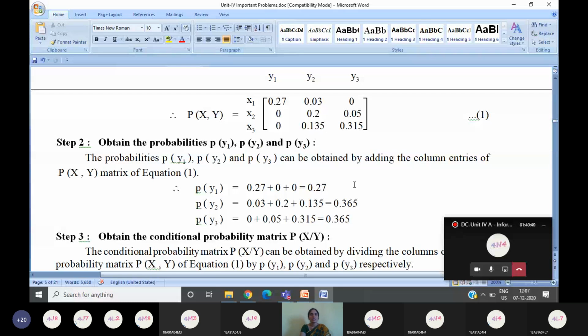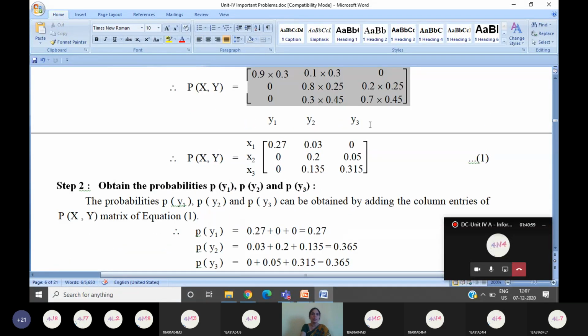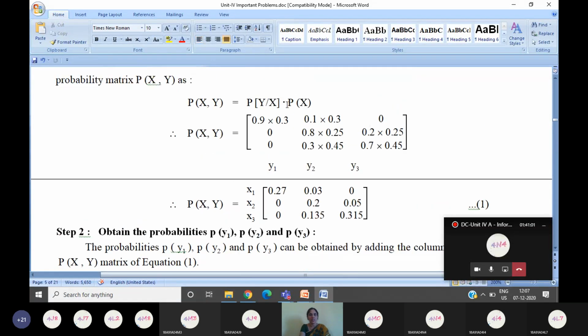3 columns. అంటే ఇప్పుడు మీరు P of y తో మల్టిప్లై చేస్తే కాలమ్ కి మల్టిప్లై చేయాలి. P of x అంటే రో కి మల్టిప్లై చేస్తారు. అంటే P of y1 is multiplied with first column. P of y2 is multiplied by second column. P of y3 you should multiply with third column. ఇక్కడ మీరు P of x తో మల్టిప్లై చేసేటప్పుడు ఏం చేశారు? P of x1 we multiplied with first row.